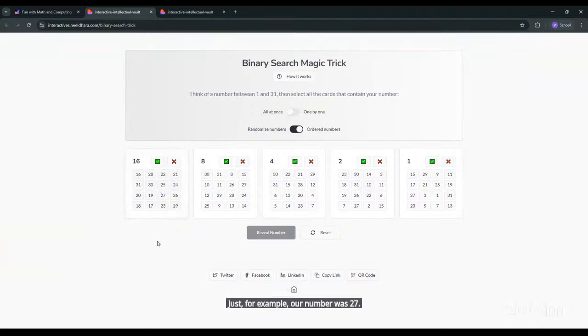So we can write our number 27 as 16 plus 8, which is 24, and then plus 2 plus 1. So that's why the number 27 was present on 16, 8, 2 and 1. Now, can you complete this?